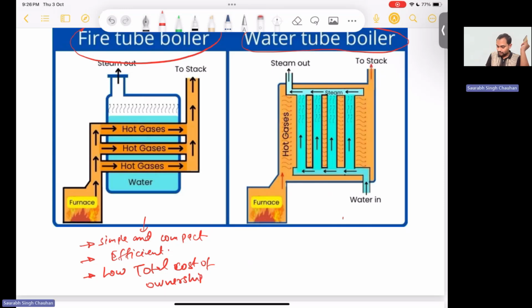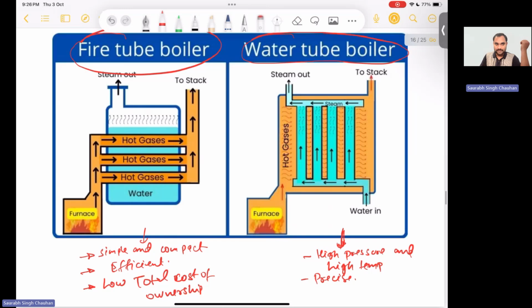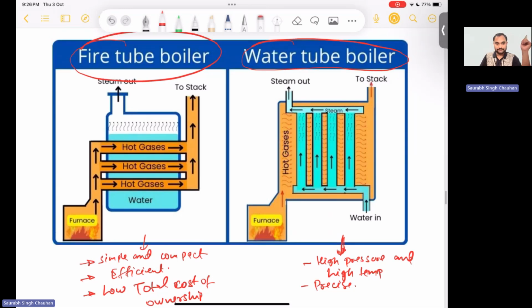And in the water tube boilers, you can get high pressure and high temperature. They are more precise. But of course, these things will come at some cost, right? So if you want high pressure and high temperature, then you'll have to use water tube boilers. Okay, so I hope the difference between water tube and fire tube boilers is clear.